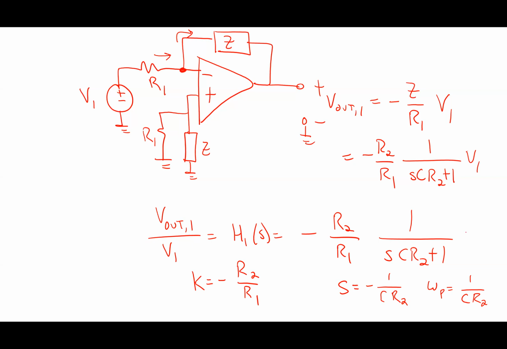That puts this in the standard form, K over S tau P plus 1. All right. That's how I do that mapping. You guys with me on that? R2 is the impedance value. Yeah, that's where it came from.